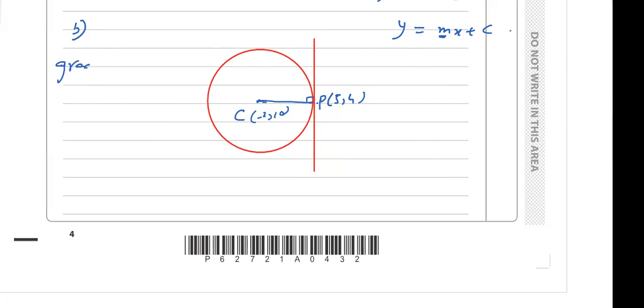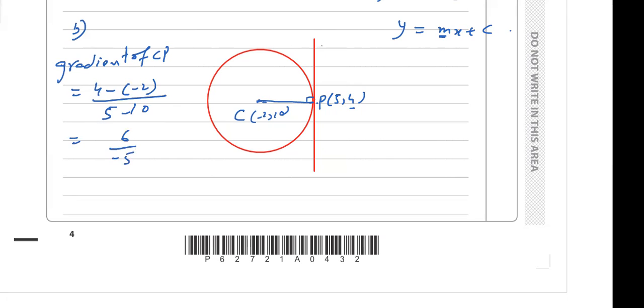The gradient of CP equals y2 minus y1 over x2 minus x1. If this is y2, 4 minus y1, which is 10, over x2 minus x1, which is 5 minus minus 2. So that will be minus 6 over 7.